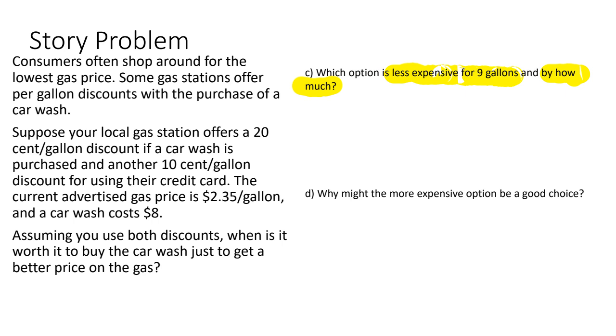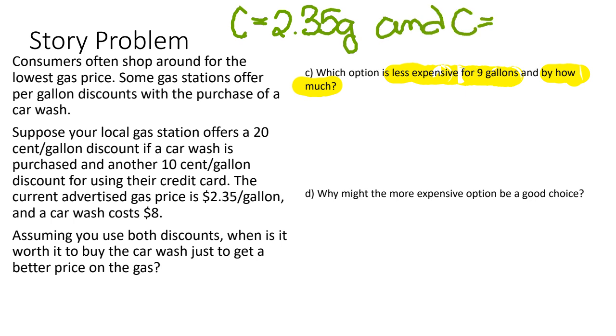We have these two equations: C is equal to 2.35 G and C is equal to 2.05 G plus 8. We want 9 gallons, which means we're going to take both of these equations, and where this G is, we're going to put the number 9.